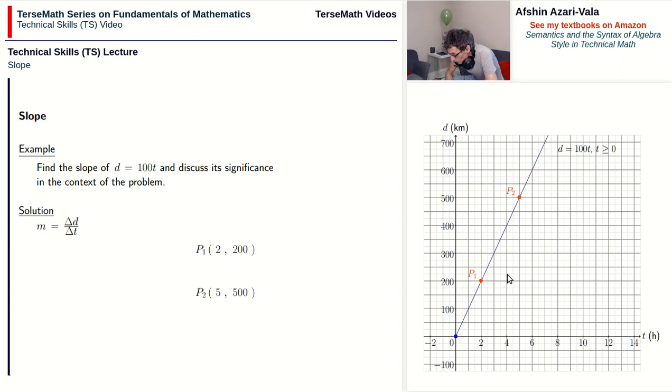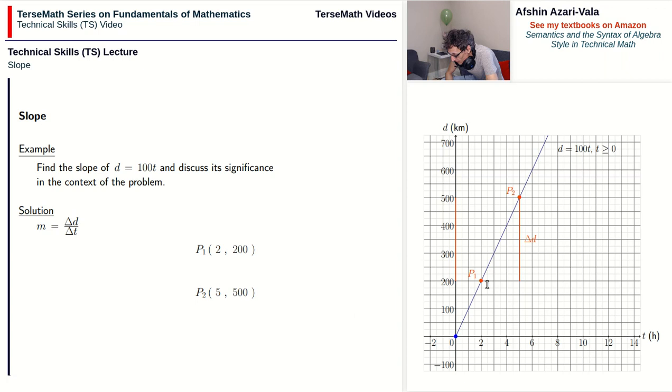And so we can show it over here. This corresponds to the change from 200 to 500. This is your delta d, change in the value of d. Now for delta t, which is down here, when we went from point 1 to point 2, the value of time changed from 2 to 5.